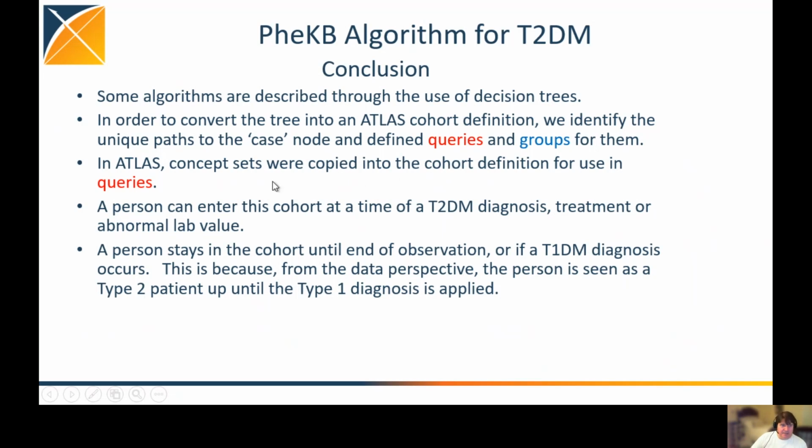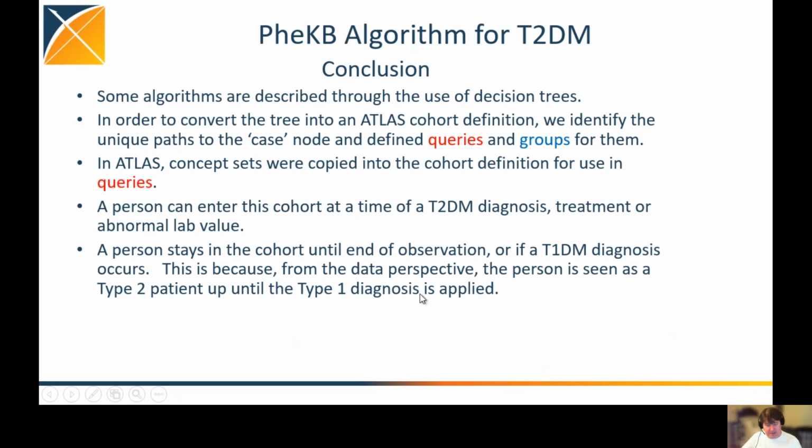In Atlas, concept sets were copied into the cohort definition for use in the queries. A person can enter this cohort at a time of either a type 2 diagnosis, treatment, or abnormal lab value. A person stays in the cohort until the end of observation, or if a type 1 diagnosis occurs. This is because from the data perspective, the person is seen as a type 2 patient up until the type 1 diagnosis.